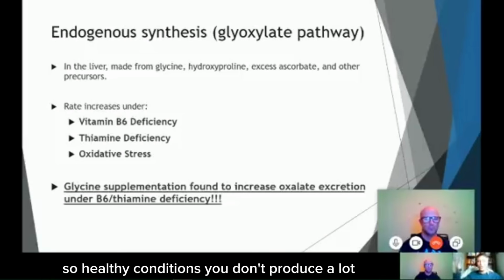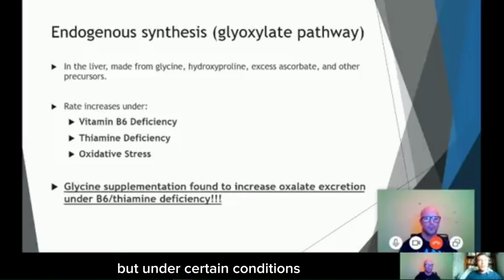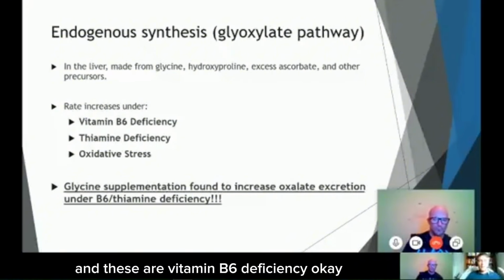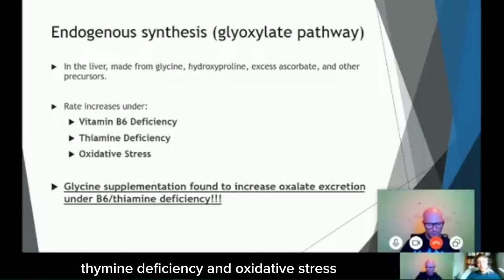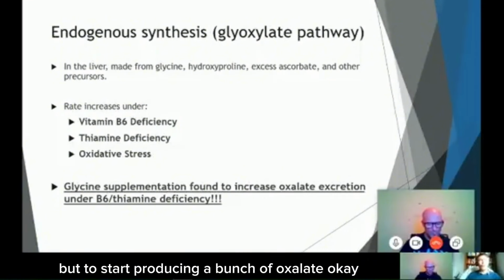Under healthy conditions you don't produce a lot, but under certain conditions, and these are vitamin B6 deficiency, thiamine deficiency, and oxidative stress, when any of these three criteria are met, the liver basically has no other option but to start producing a bunch of oxalate.